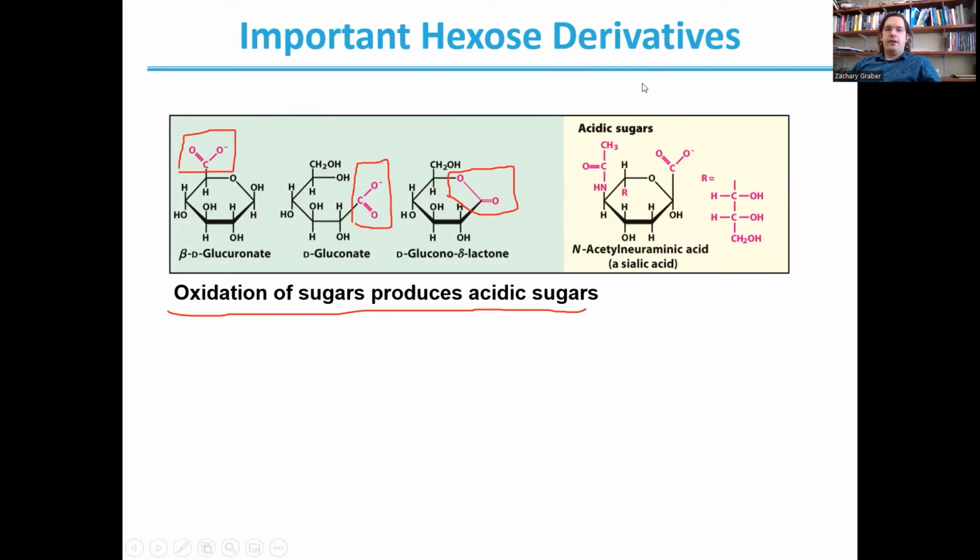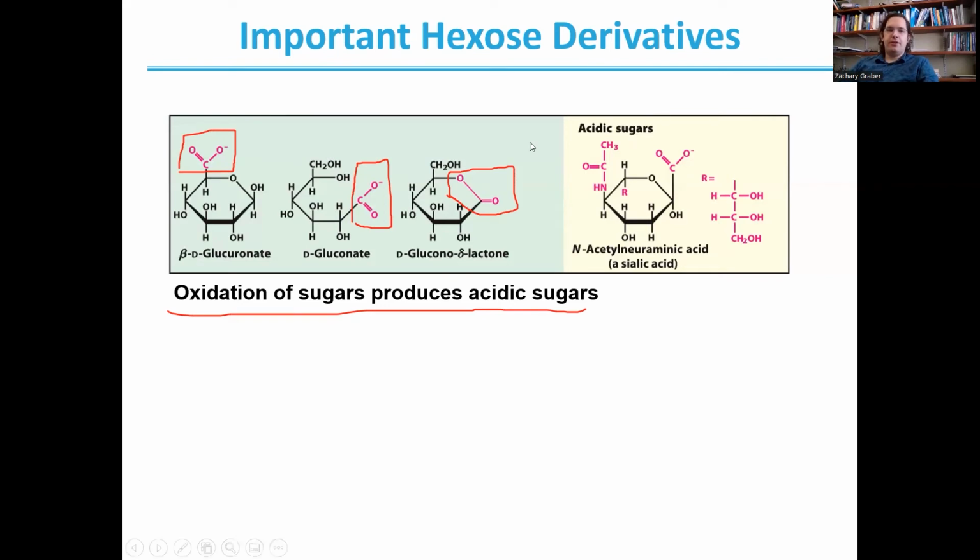The consequence of this oxidation is in some ways similar to our phosphorylation, right? So it increases the charge, which then makes our sugars more reactive. It also increases their solubility and increases the possibility for interacting with other molecules through ionic interactions.